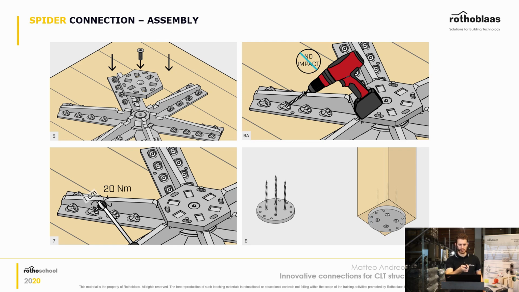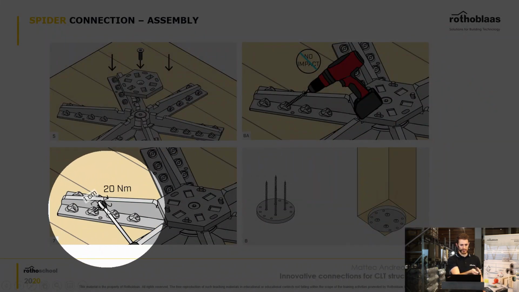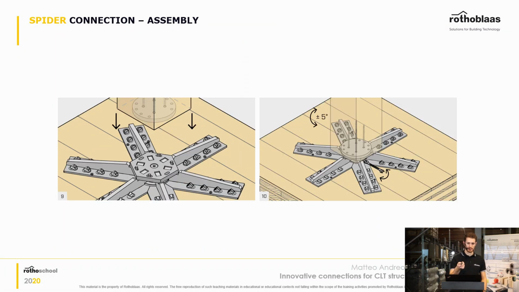It's very important to use a torque wrench to be sure that you are placing the screws with the right torque inside the steel to timber connection. That's always very important. And to finish it off, of course, you place the upper column and you continue like that for the whole building.